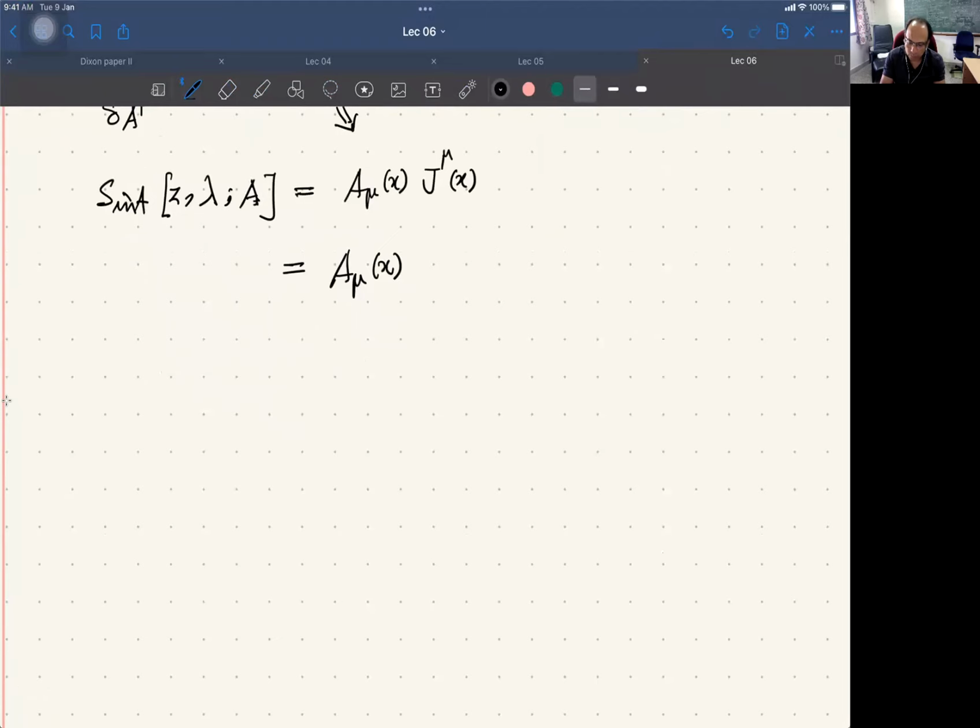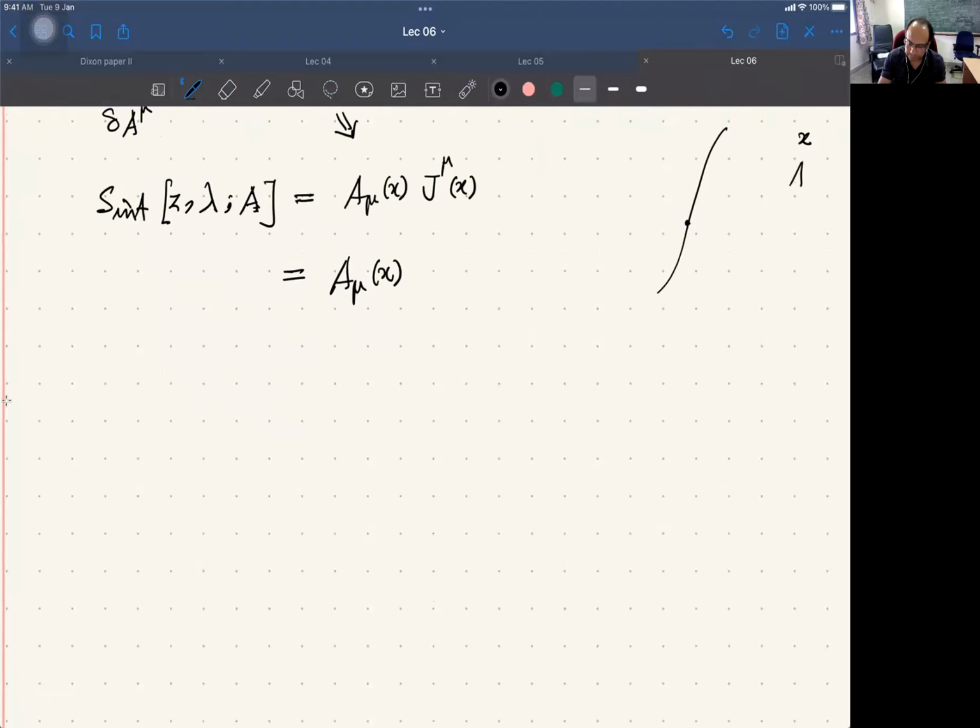So what we have here is a world line. There's a four-dimensional space-time X, where A mu of X lives as a field, but the source for A mu is only supported along the world line.